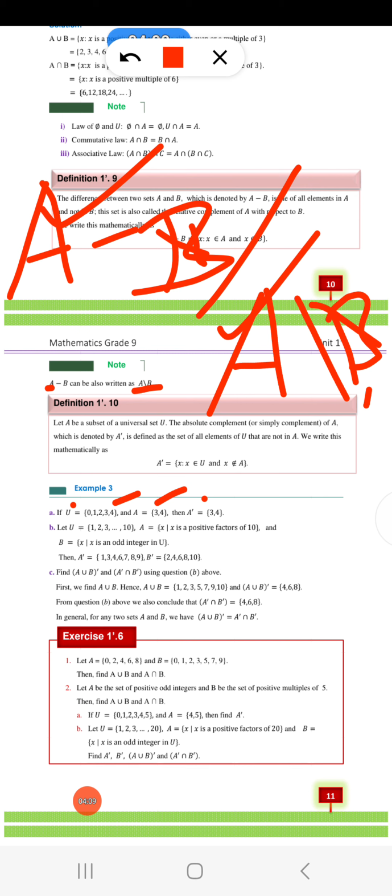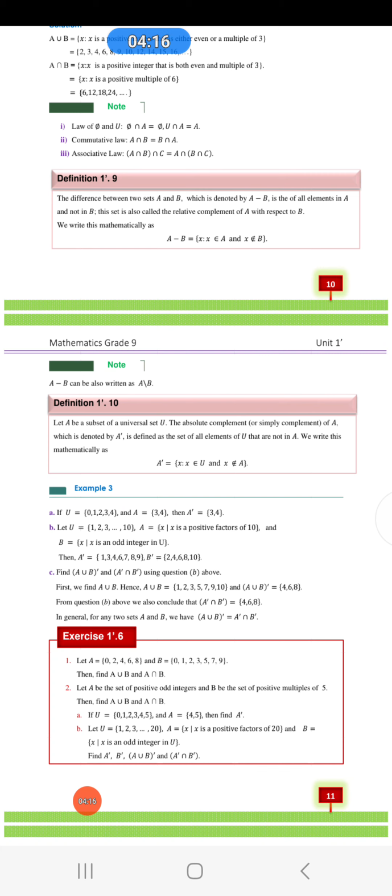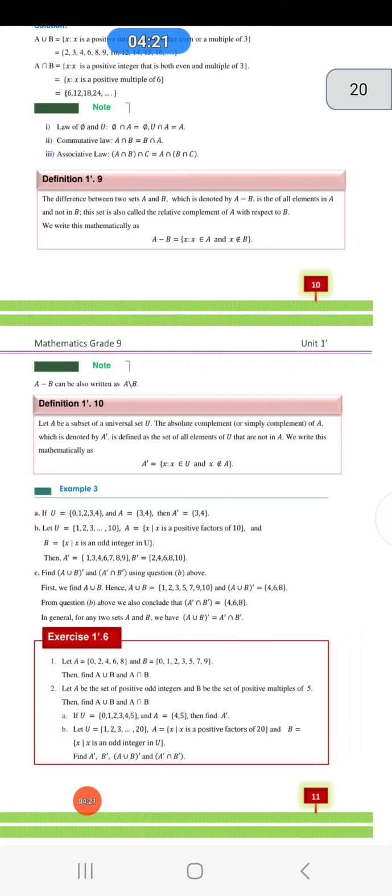Okay, excuse me, we are under Definition 1.10. Under Definition 1.10, let A be a subset of the universal set.